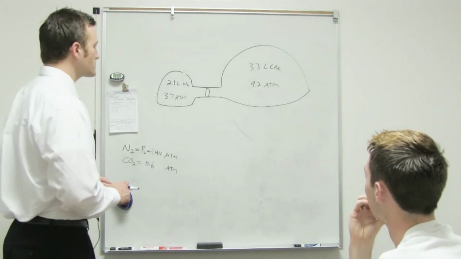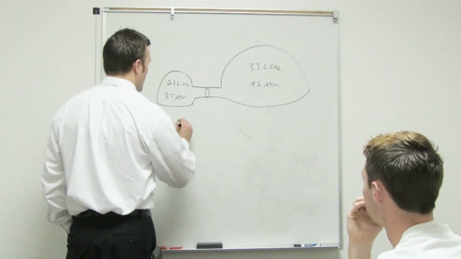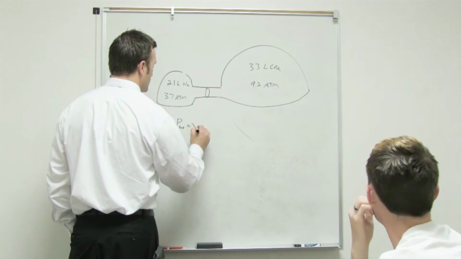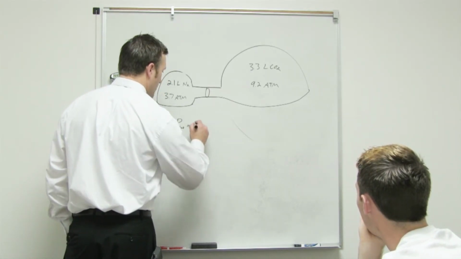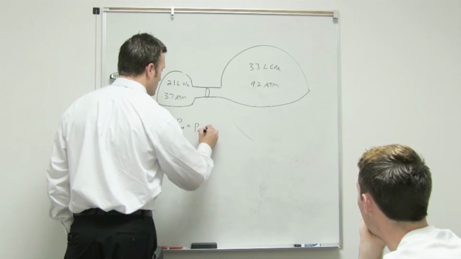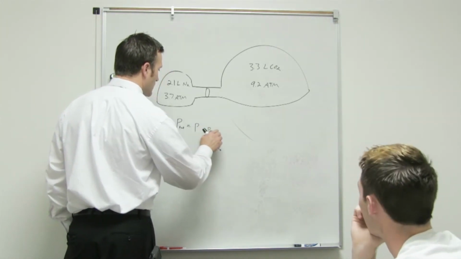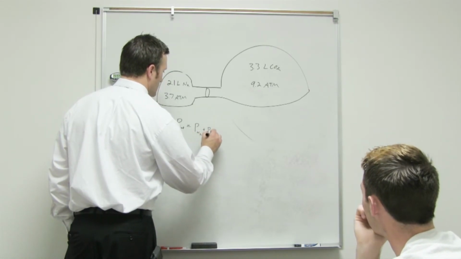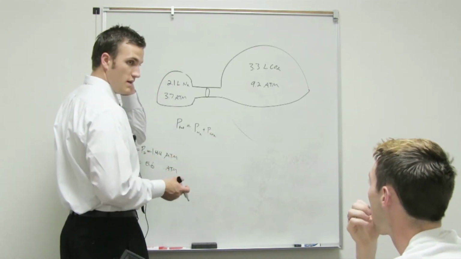Yeah. And then you know that total pressure, right? So P total equals, that's mole fraction, sorry, equals partial pressure of A plus partial pressure of B. Well, A and B are just partial pressure of N2, partial pressure of CO2, right? So that's why you just added them.